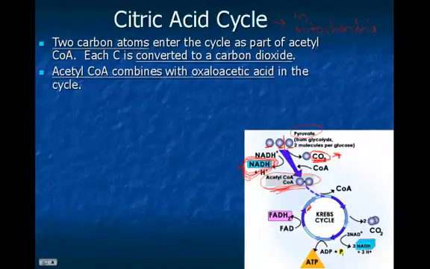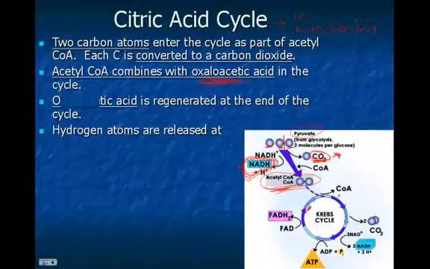So here in the very beginning, for the acetyl-CoA just to get into the Krebs cycle, it's going to combine with this oxaloacetate molecule, and I'm not really as concerned that you know oxaloacetate, because that's getting a little more detailed than we need for you to know. But I do want you to know that acetyl-CoA is what is first dropped into the Krebs cycle.